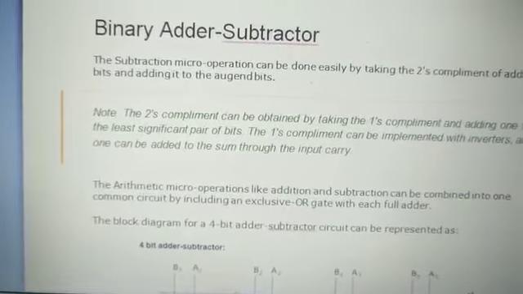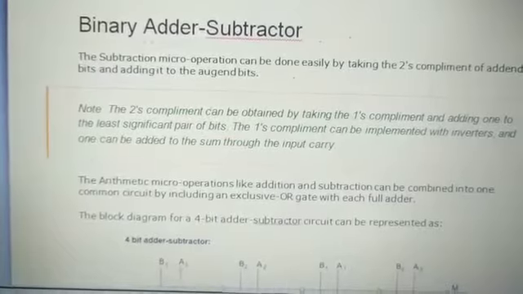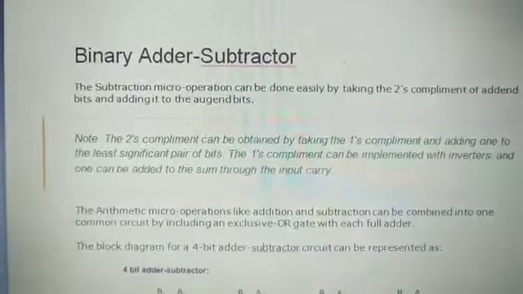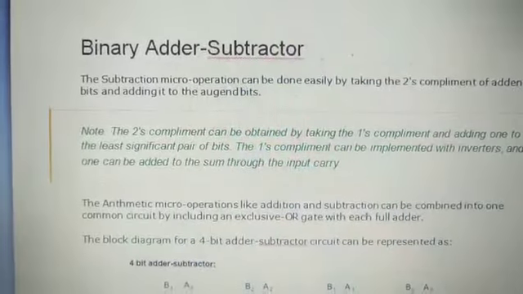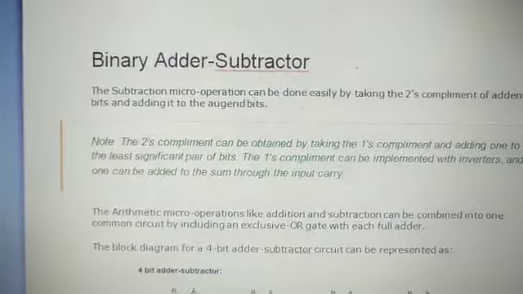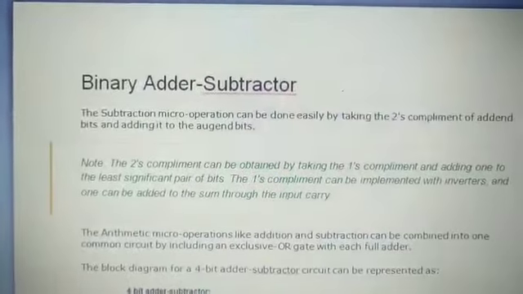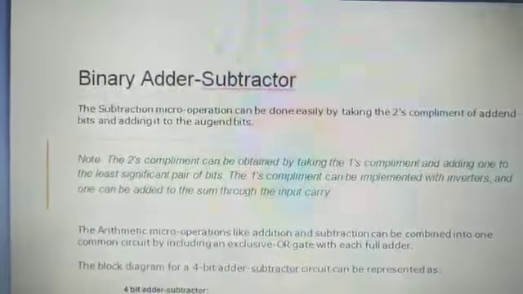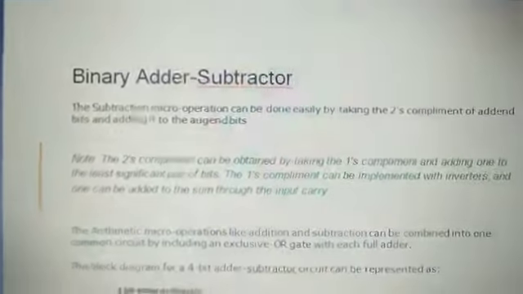So, for that reason we will require three components. The first component is the full adder circuit, then one XOR gate, and one control line. Using the full adder we are actually adding. But what is the use of the exclusive OR gate?